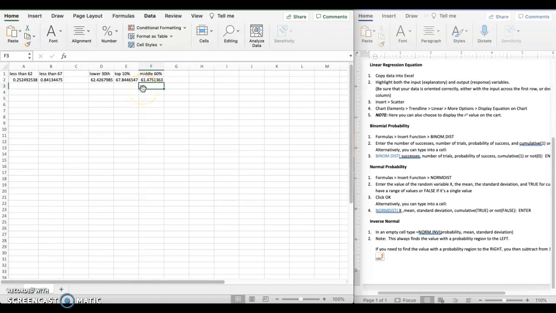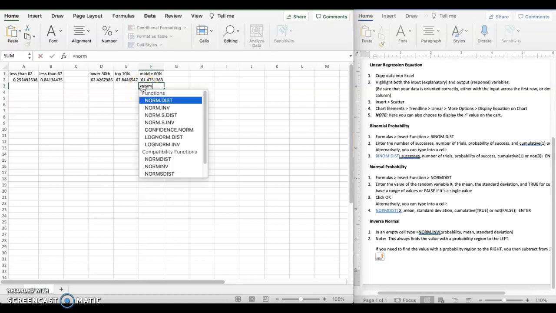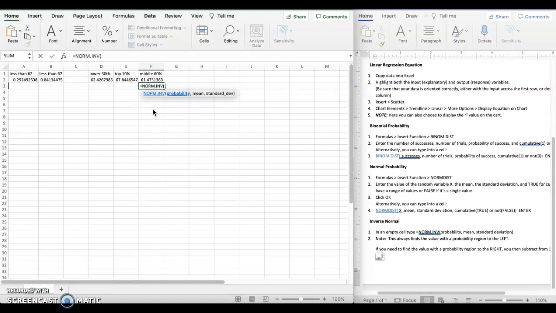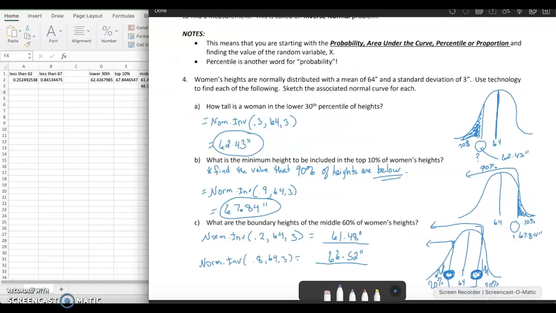And then for the other one, we're going to type in 0.8. So we find that the upper value is 66.52 inches right here. So both of those make logical sense. Anywhere between 61.48 inches and 66.52 inches is where the middle 60% of heights for women fall.